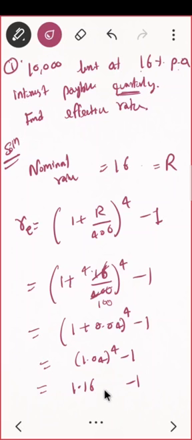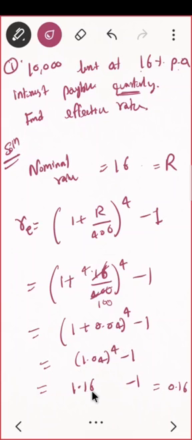No, I just want 1.04 raised to 4. Was it 0.16 only? Okay, then it will be around 0.16. That means if you talk about percentage, it will be 16%. But that may vary with the power 4 you are taking. If you are taking more digits, then it will be more accurate.